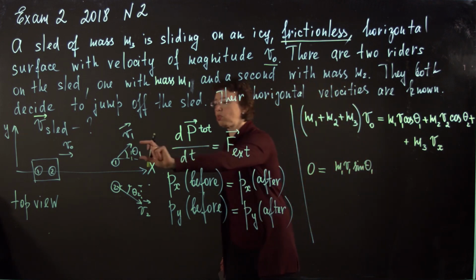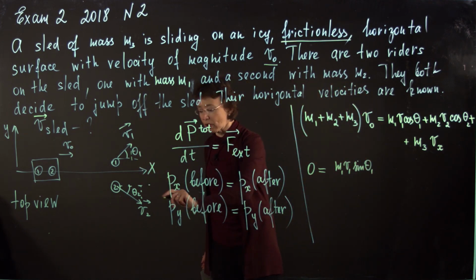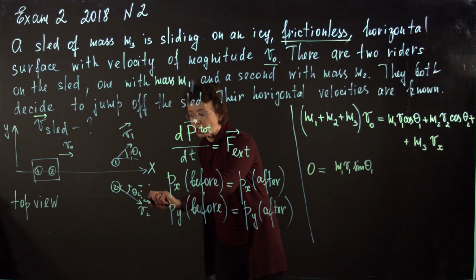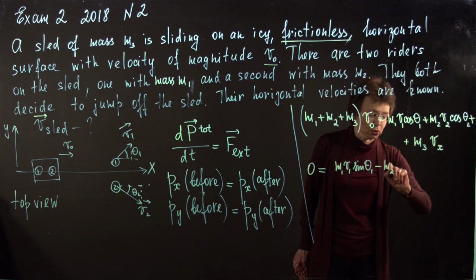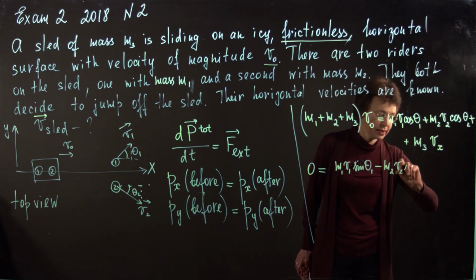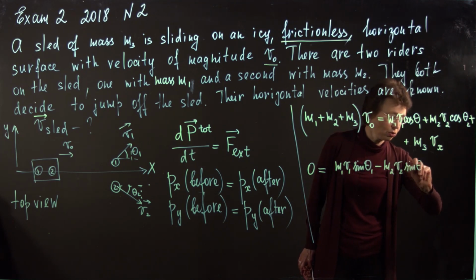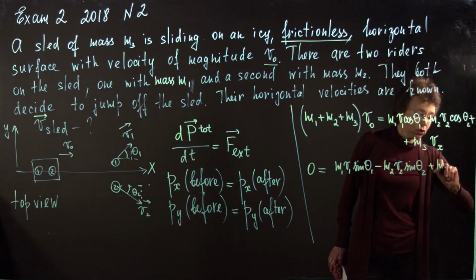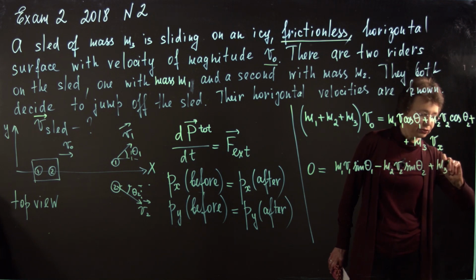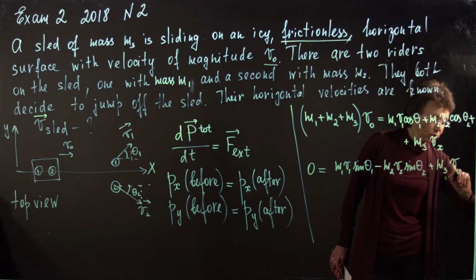Projection of velocity v1 in y is positive. Projection of velocity v2 in y is negative. That's why I put here minus m2 v2 sine theta 2. And again, I don't know the velocity of the sled after this jump, so I call it v sub y.